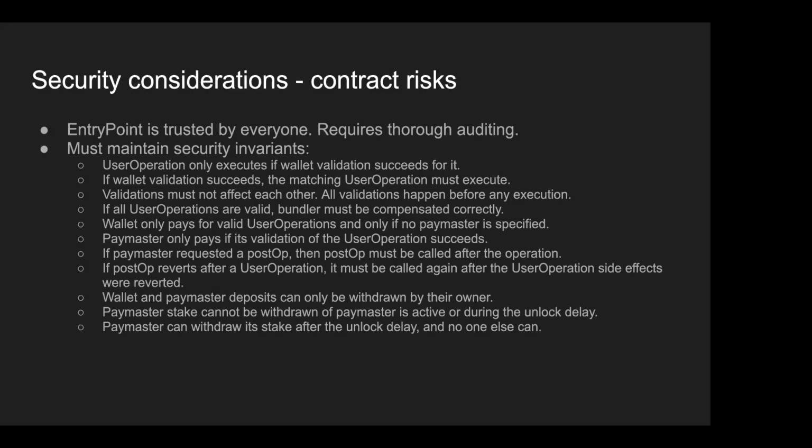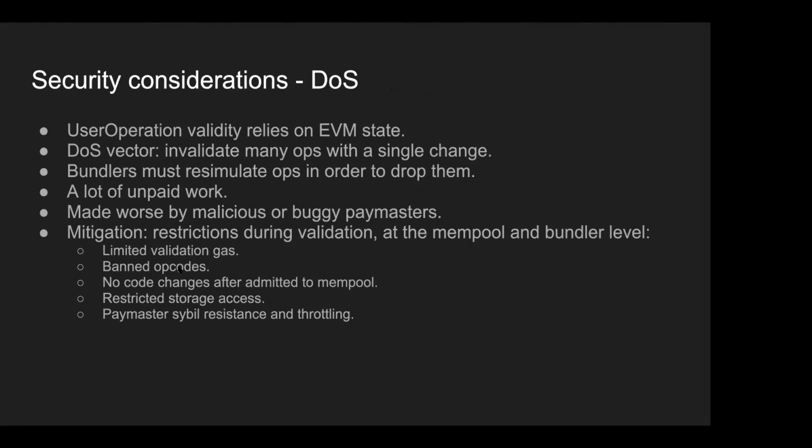So it is critical for the wallet that entry point will enforce certain invariants. And it's also trusted by the paymasters because they need to know that they will be charged fairly and not griefed by the entry point. So entry point enforces a lot of invariants. I'm not going to go through the entire list here, but we can go back to it if questions require it.